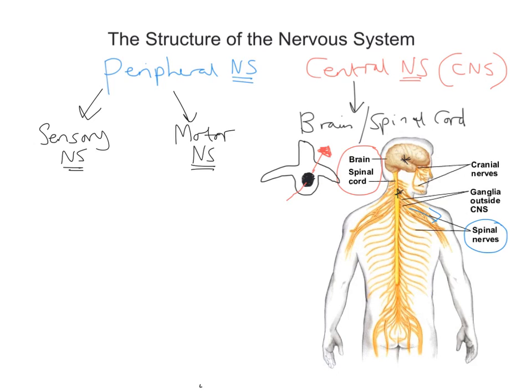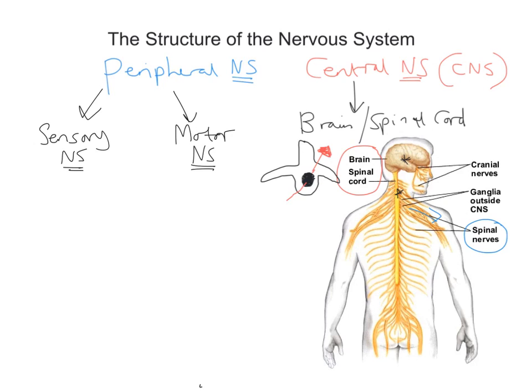Now, the sensory nervous system consists of what are called sensory neurons, which are ultimately just nerve cells with glial cells, which kind of act like supporting cells. So nerve cells and glial cells form these sensory neurons, and they carry nerve impulses from receptors towards that central nervous system. So we'll just make a note of that here.